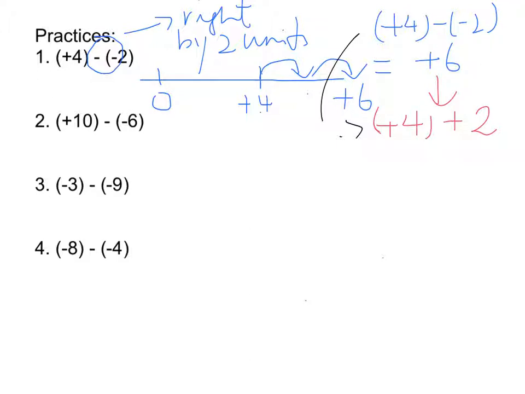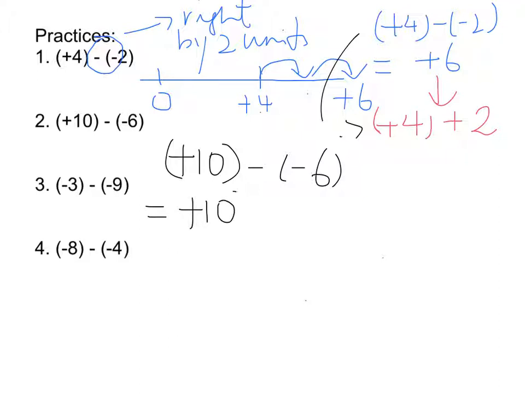For the second one, positive 10 minus negative 6 will be rewritten as positive 10, and these two become plus 6, since minus a negative number becomes plus, and therefore it becomes 16.